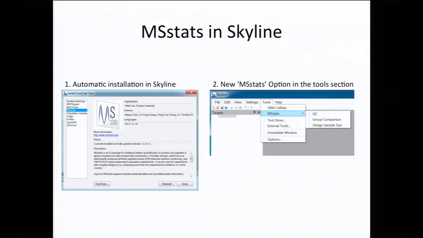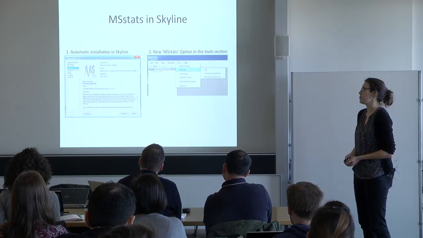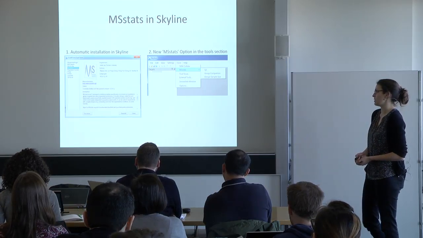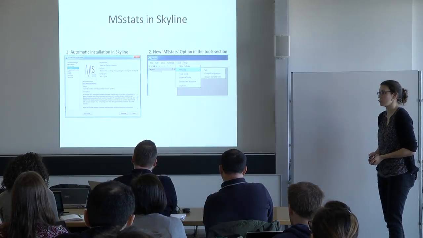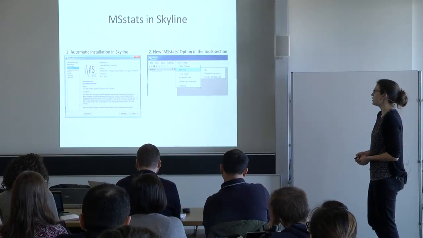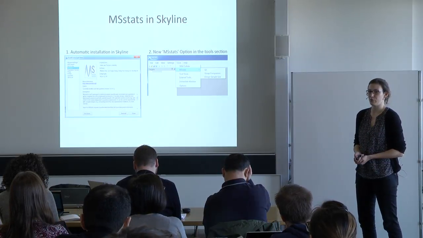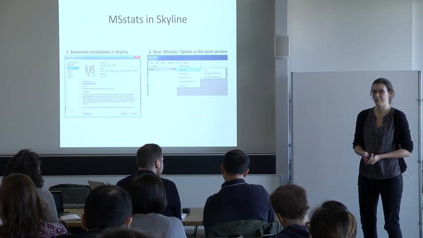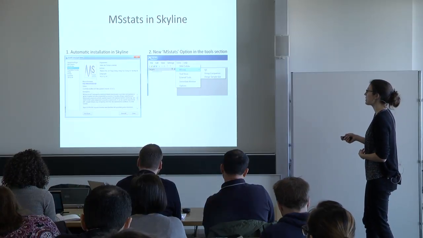Okay. So one very nice thing about MSstats is that it's available in Skyline and that it can be automatically installed as an external tool and is then available in the tools section. And I hope that all of you managed to install it on your laptops already.